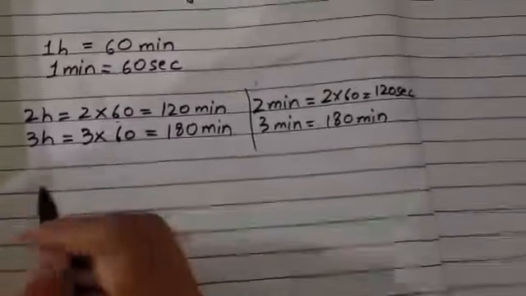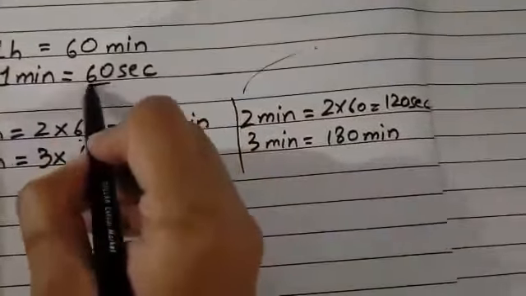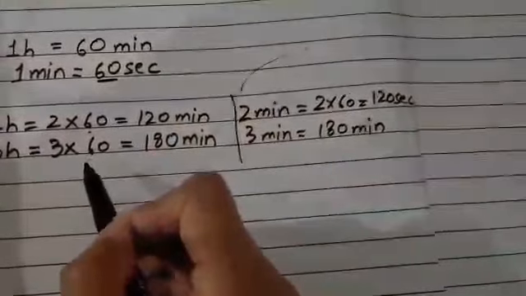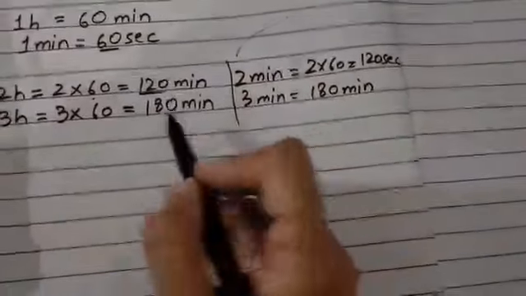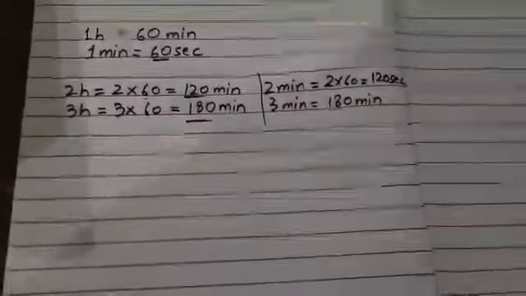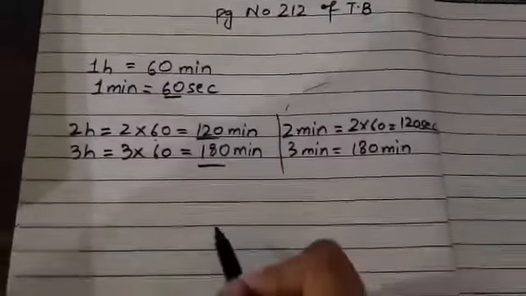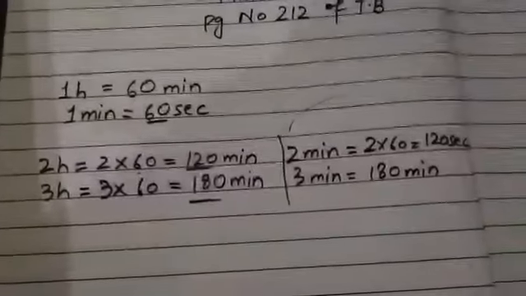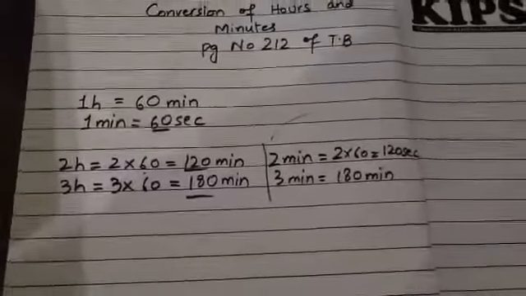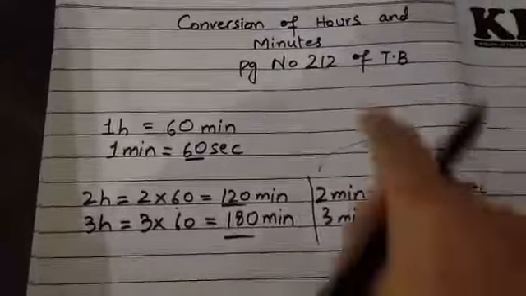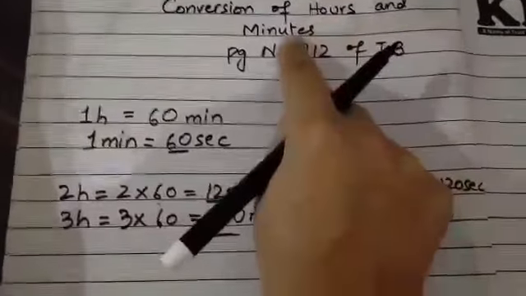Now can you see that we are basically writing the table of 60? 6 1s are 60, 6 2s are 120 and 6 3s are 180. That means if you learn the table of 60, this conversion of hours and minutes would be easy for you.